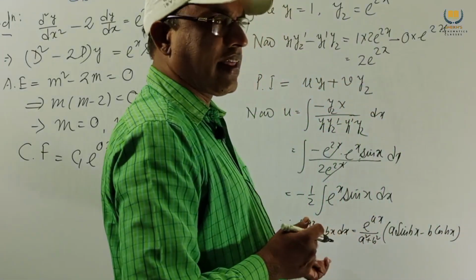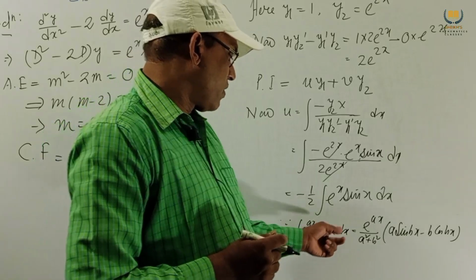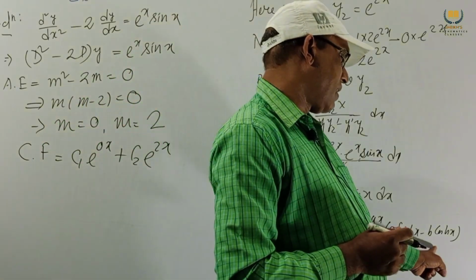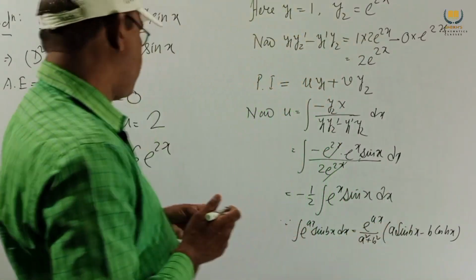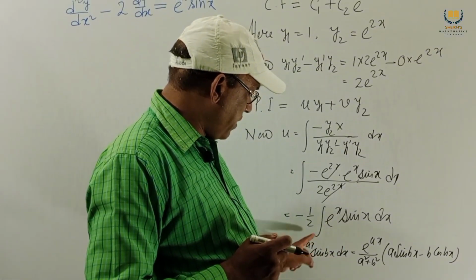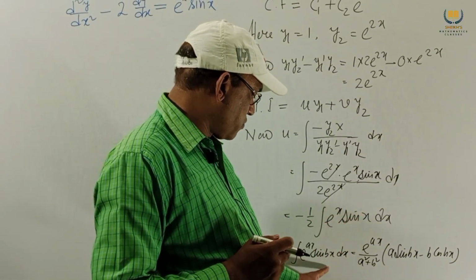This is our formula. If we write directly, we get this result. Now here if we compare with this, a means 1 and b means 1.